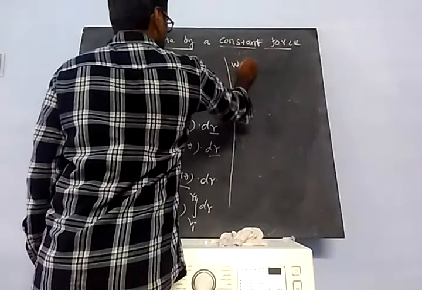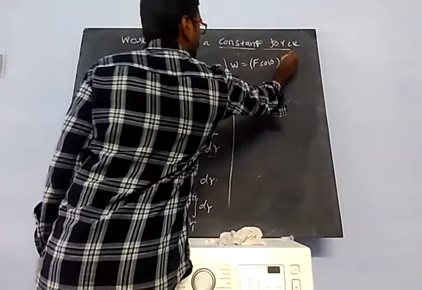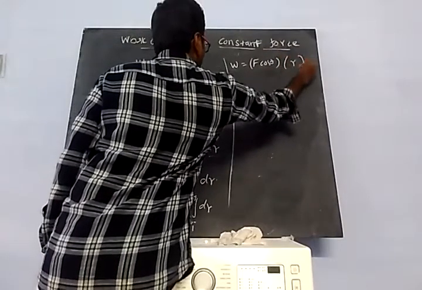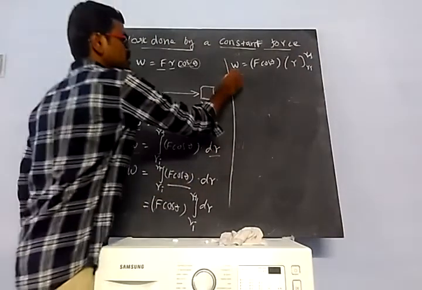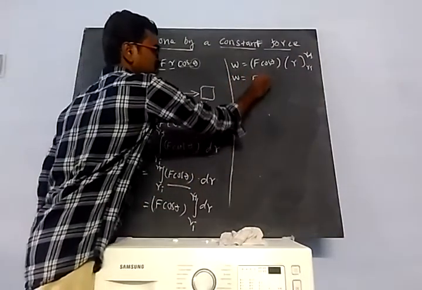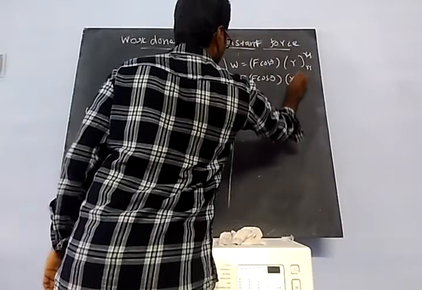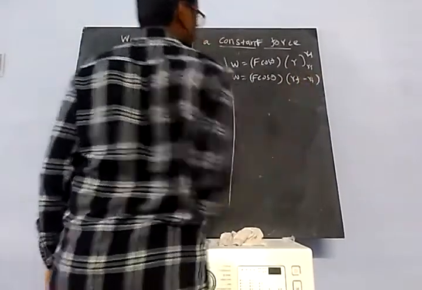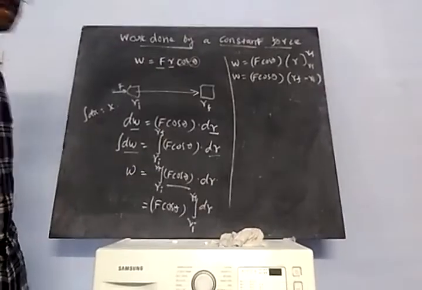Then W is equal to F cos theta into r from Ri to Rf. So W is equal to F cos theta into (Rf minus Ri).